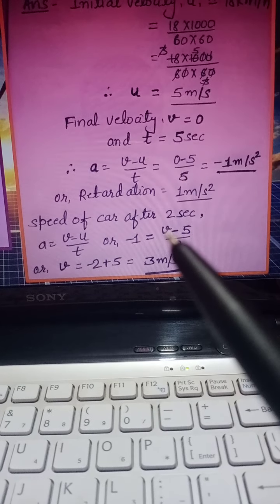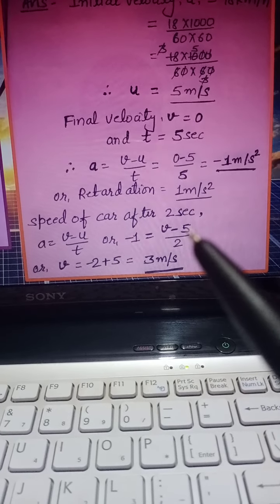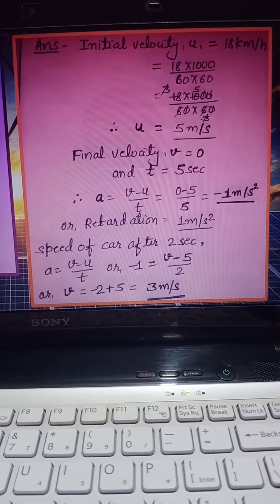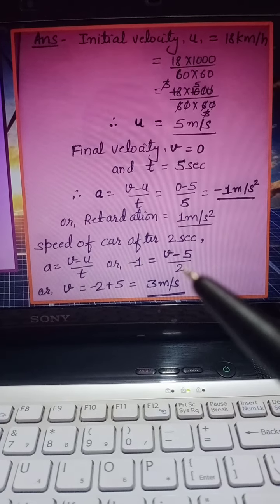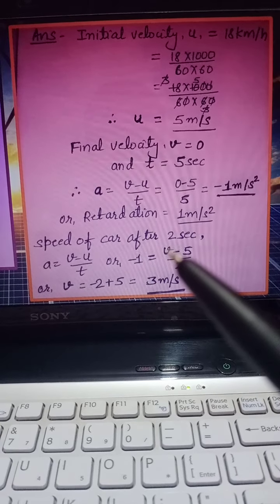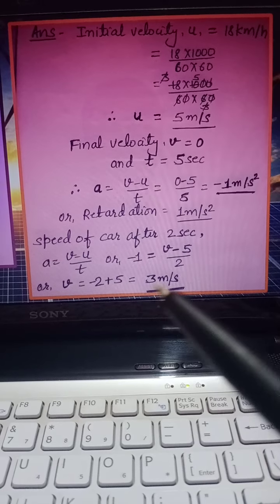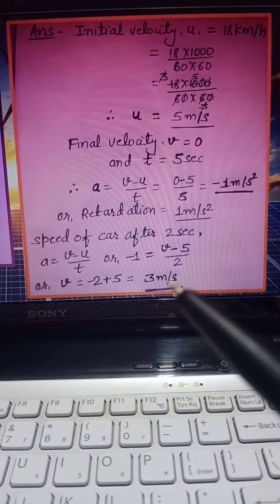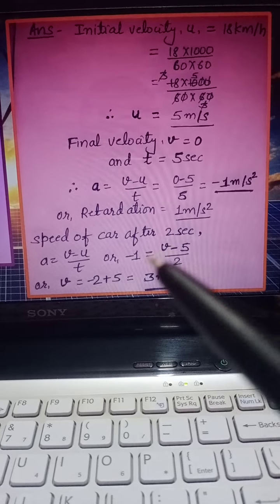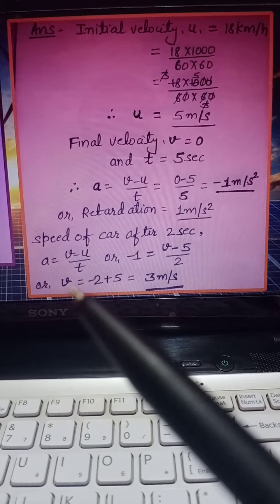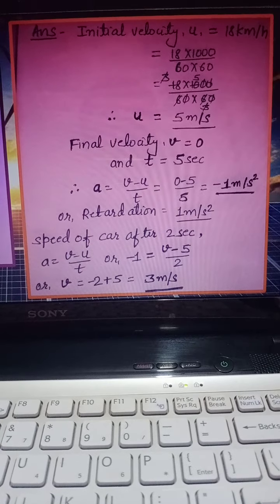Initial velocity we know is 5 meter per second, and time is 2. So after solving for v, we got the answer as 3 meter per second. This means that after 2 seconds the velocity of the car after applying the brake was 3 meter per second.